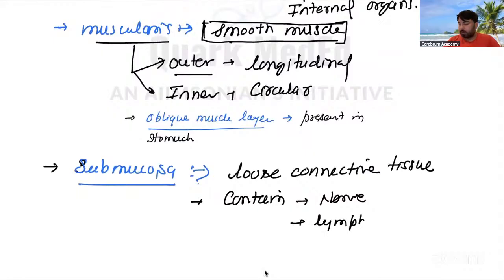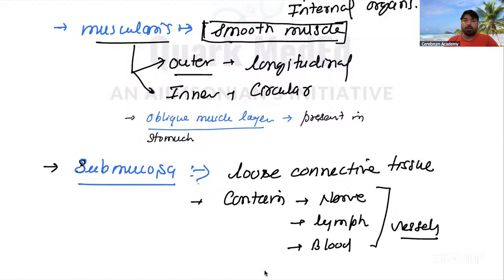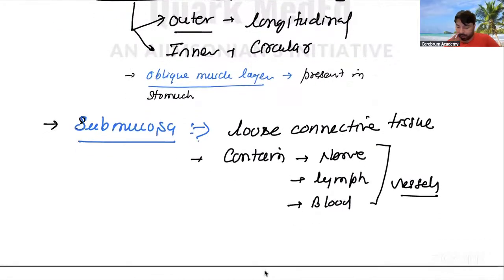Lymph vessels, blood vessels and nerves are present in the submucosa part. Next point.